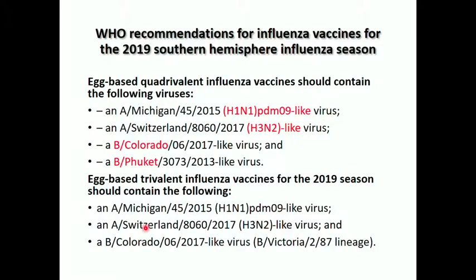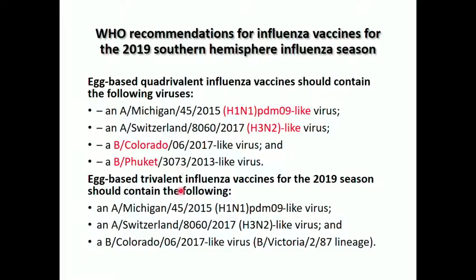And getting on to what you really, really should do for yourself in March, April: the WHO recommendations for influenza vaccines for the Southern Hemisphere flu season. Right now, we don't get the quadrivalent vaccine unless you try really hard. That would have two A types, the 2009 pandemic virus and an H3N2-like virus, and two B types.